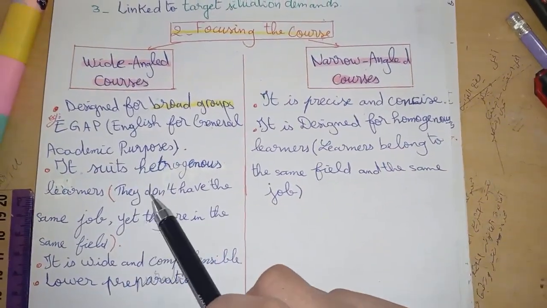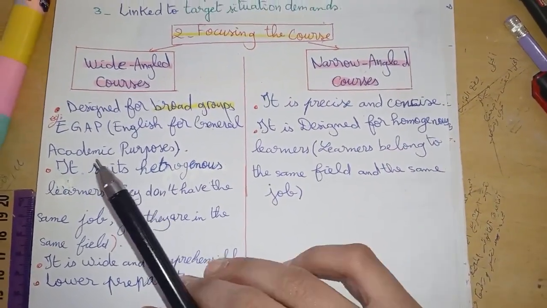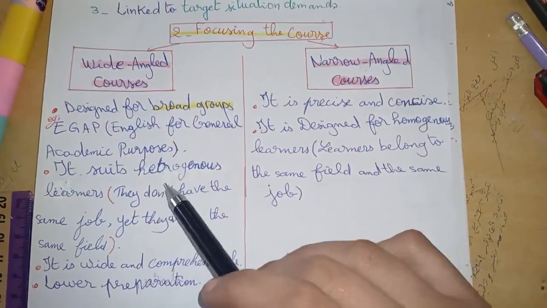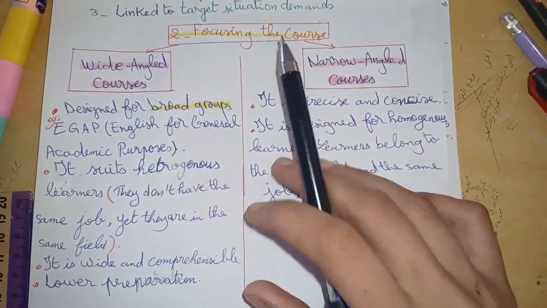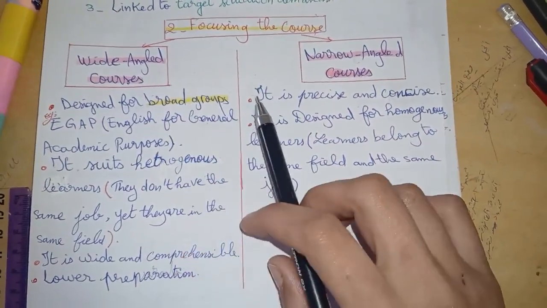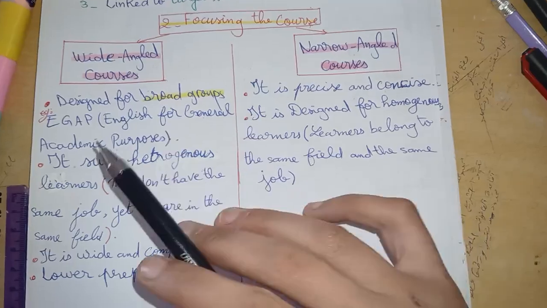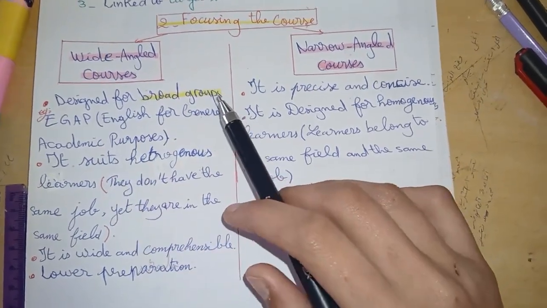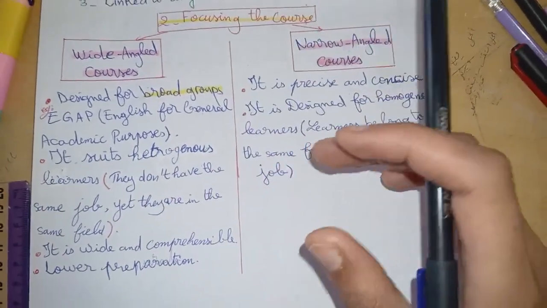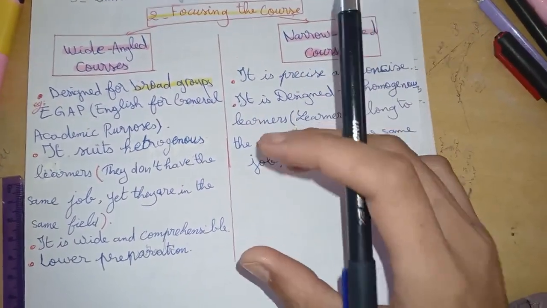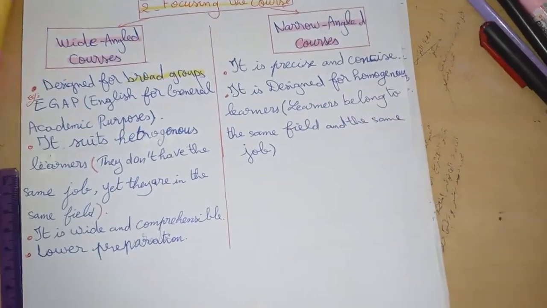Yet here, in the same medical context, they do not have the same job. For example, one is a nurse, one is a surgeon, one is a doctor or resident. So they have the same field, yet it's not the same job.